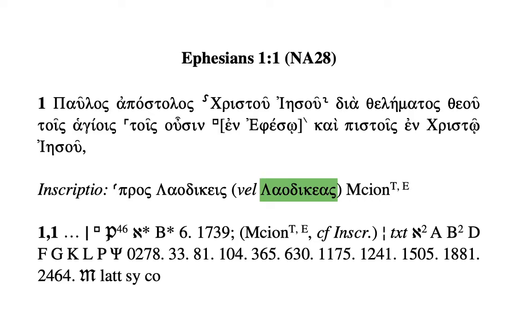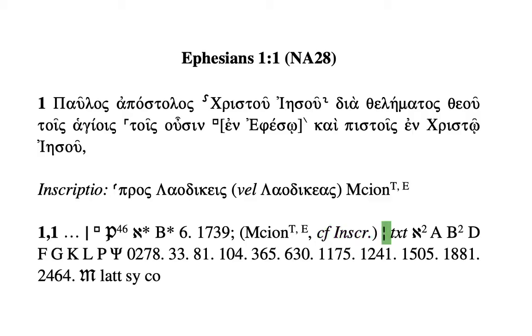It's that according to Marcion, the title to the book is actually to the Laodiceans, not to the Ephesians. So this little note here is just sending you back up to that related textual issue. But again, that Marcion witness comes through Tertullian and Epiphanius rather than by himself.